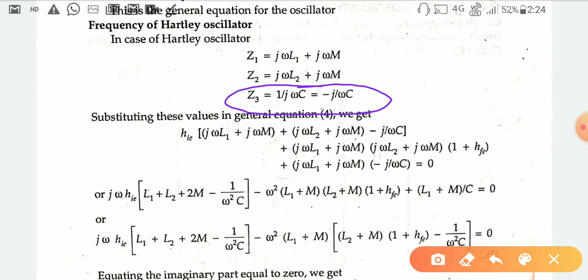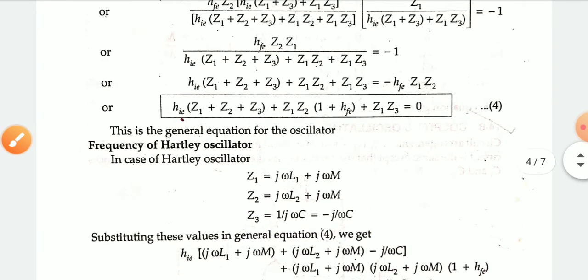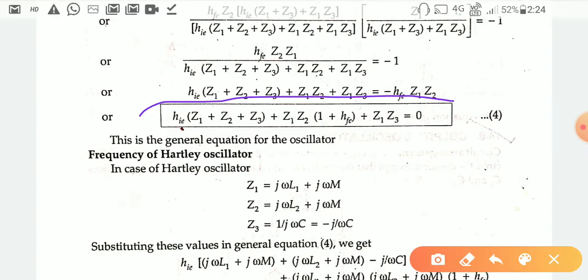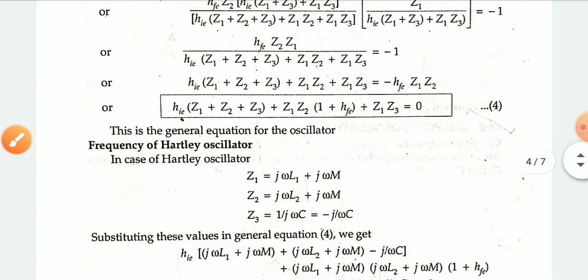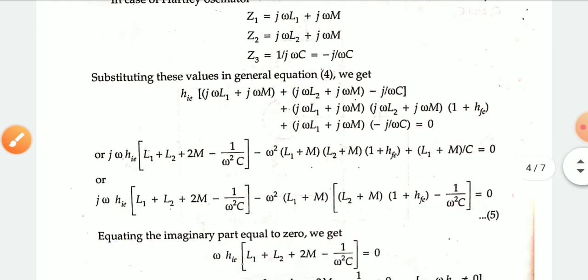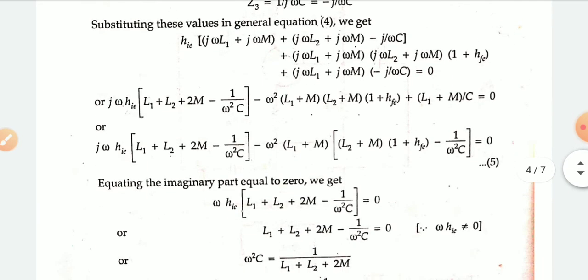If we substitute these values into the generalized equation, in this position, if you put the values of Z1, Z2, Z3, this expression can be written down by separating the real part and imaginary part.